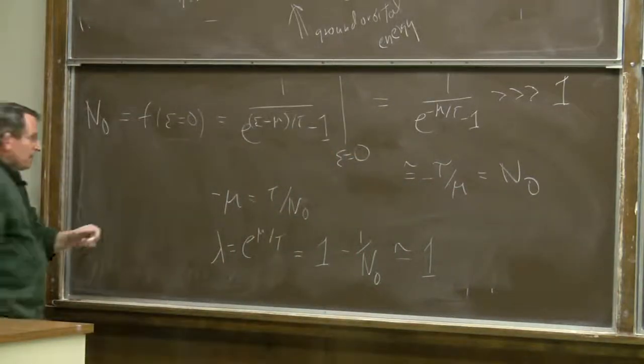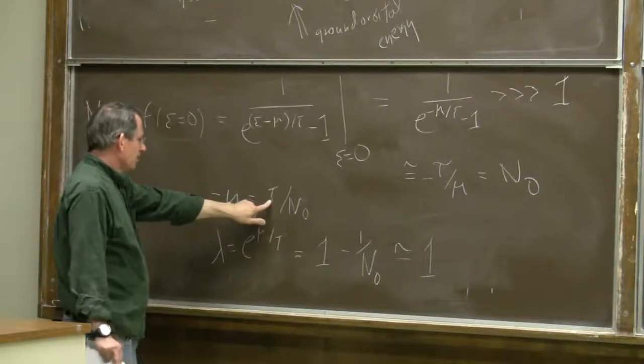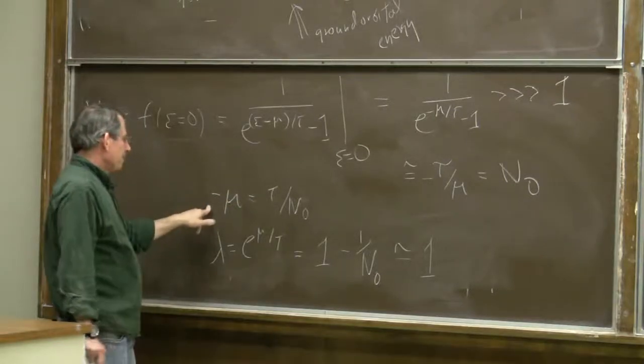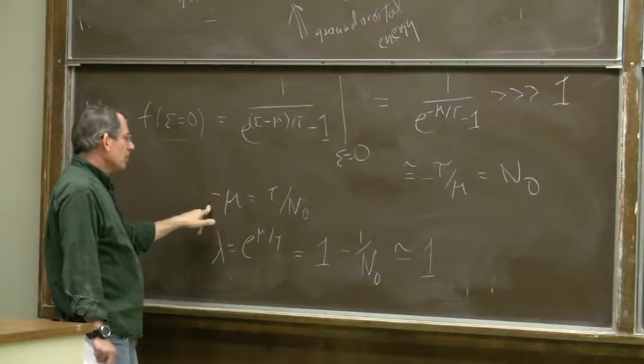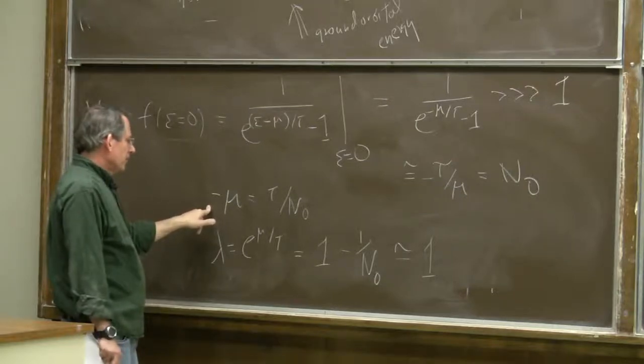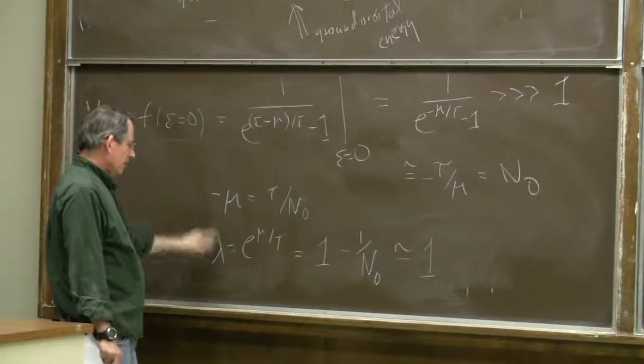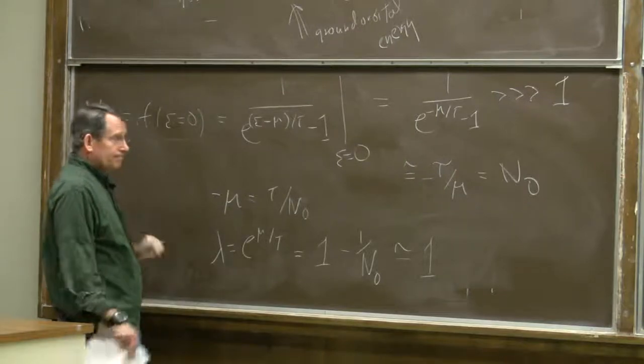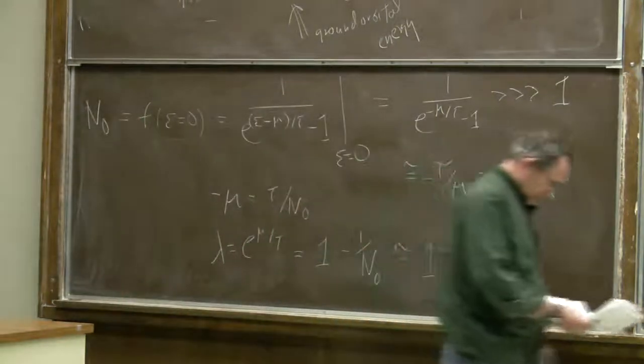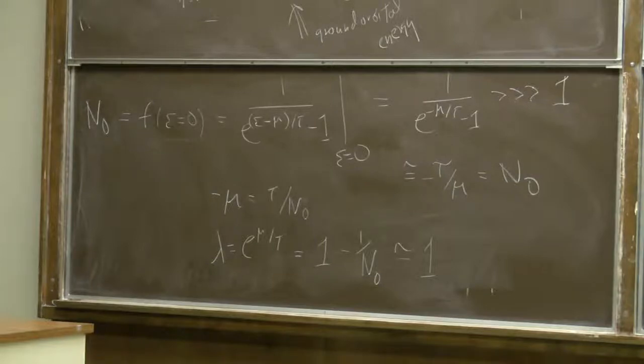And so for some non-zero temperature, mu is just below 0, but very close to 0. And the activity is very close to 1. Now what we'll do is a self-consistent calculation.